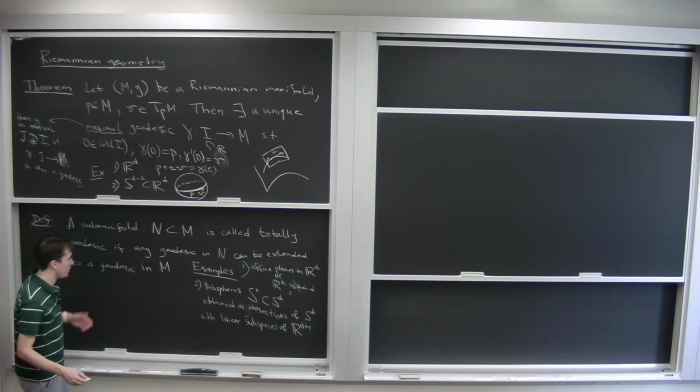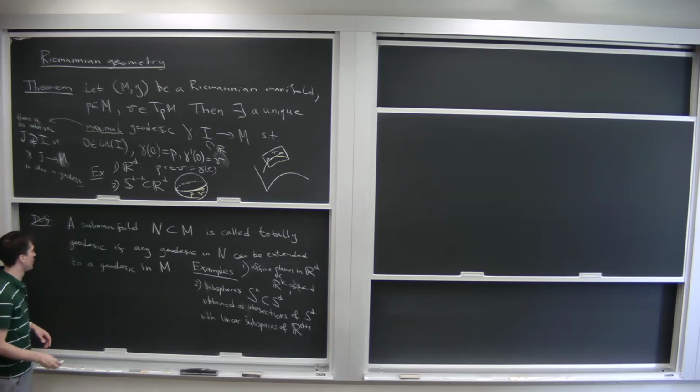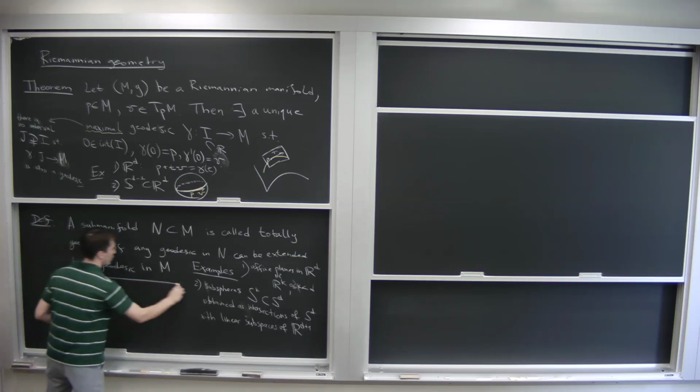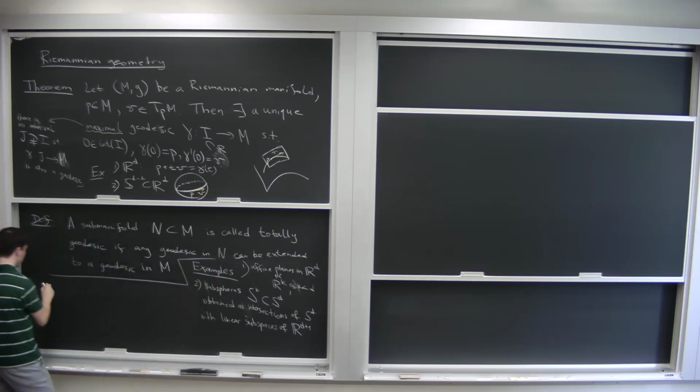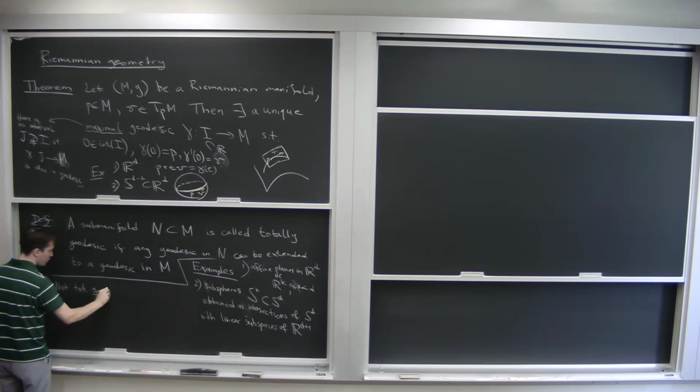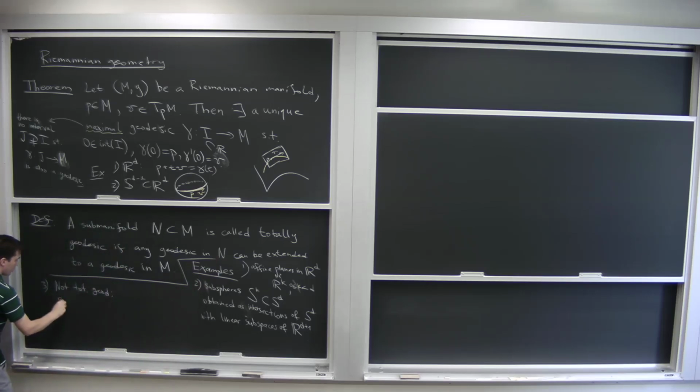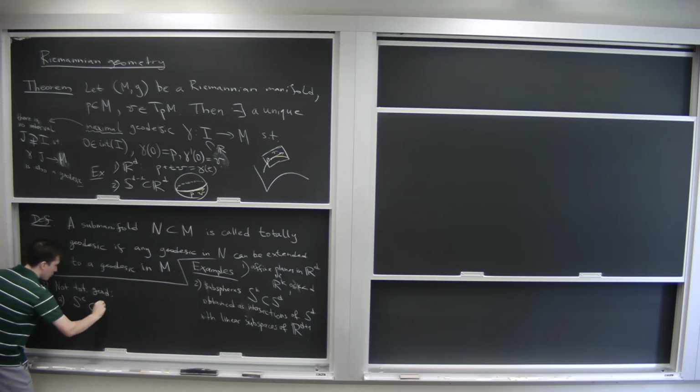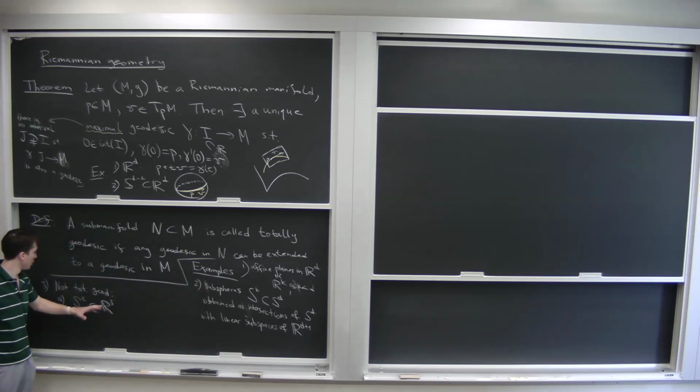And definitely I need an example of something not totally geodesic. Obviously the sphere S^2 is not totally geodesic in R^3, right? It's a submanifold of dimension 2.